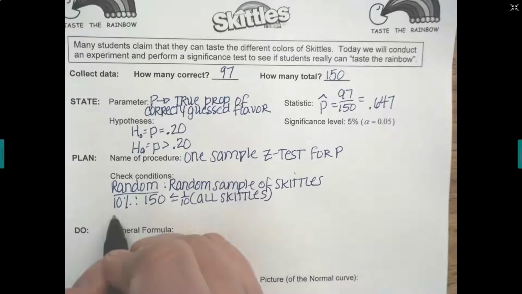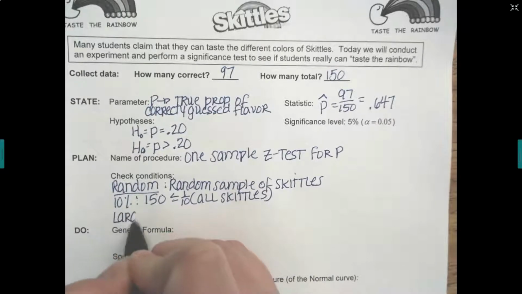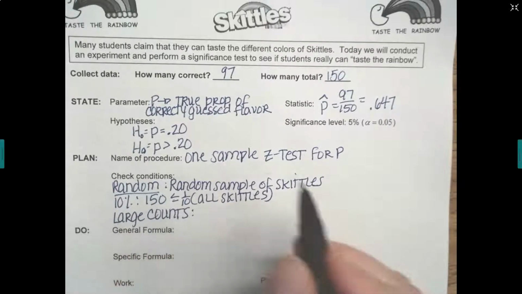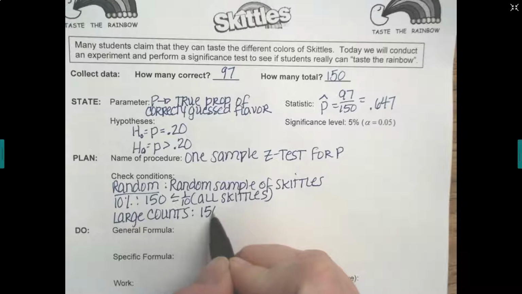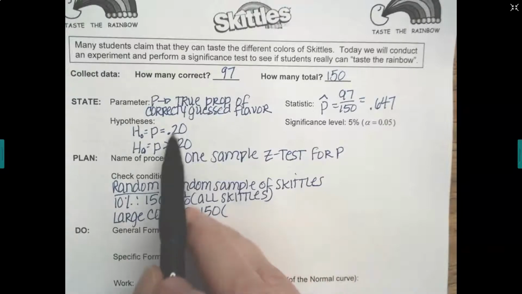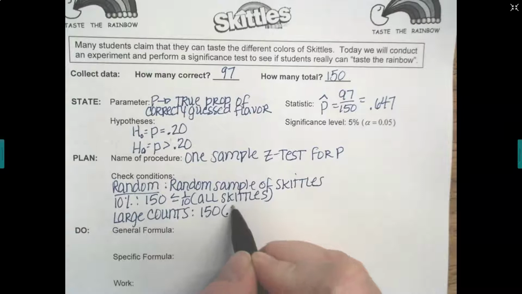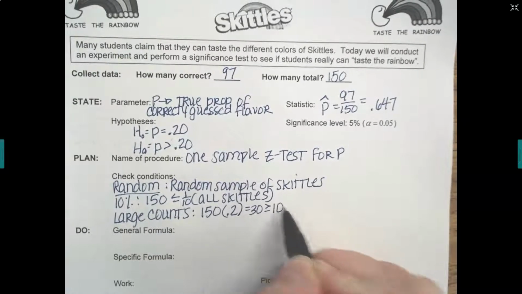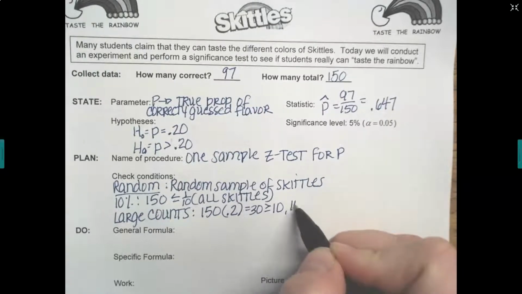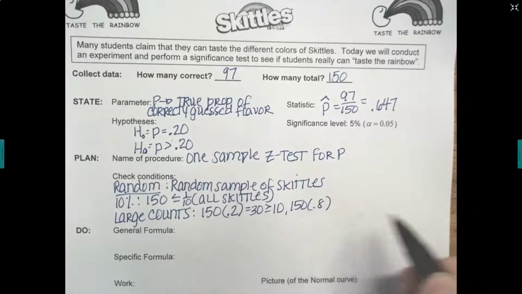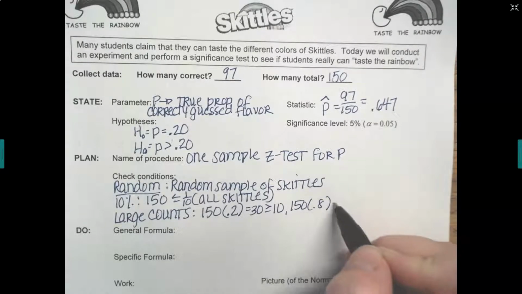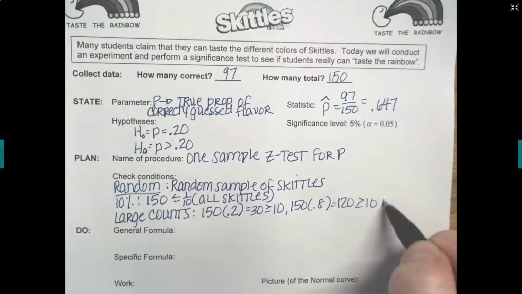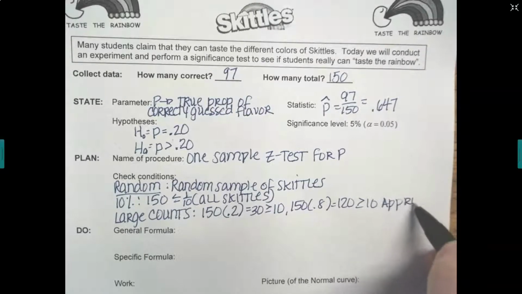And then the last one, we got to be sure to check for proportions. We always check our large counts. So we had a sample size of 150. And we're going to use, from our hypothesis up here, 0.2, which gives me 30, which is greater than or equal to 10. And then we had 150 times 0.8, which was equal to 120, which is greater than or equal to 10. So our sampling distribution is approximately normal.